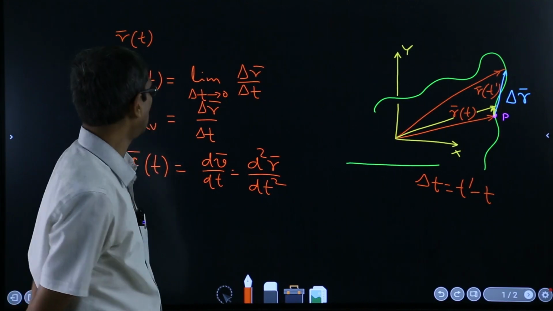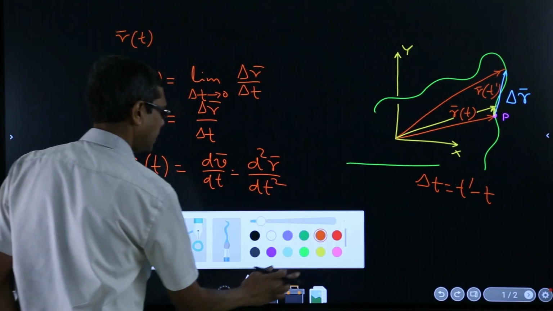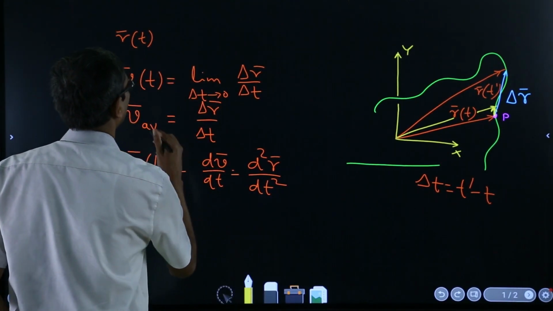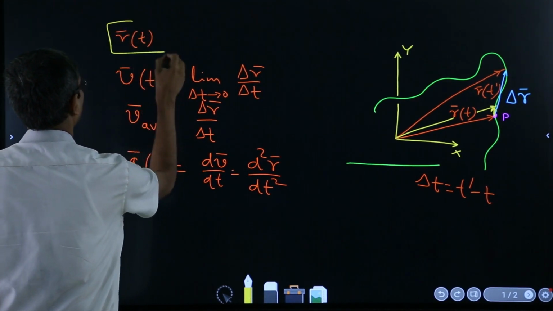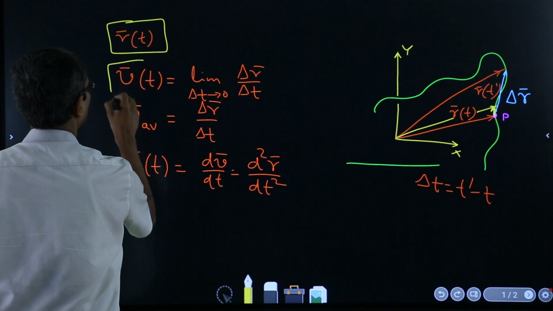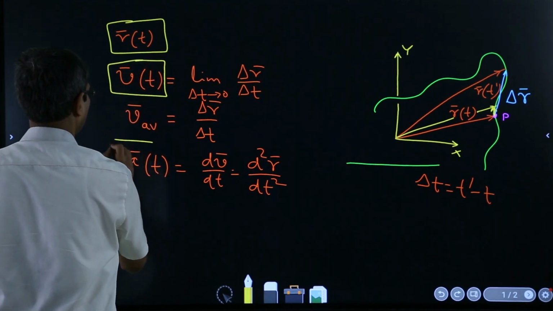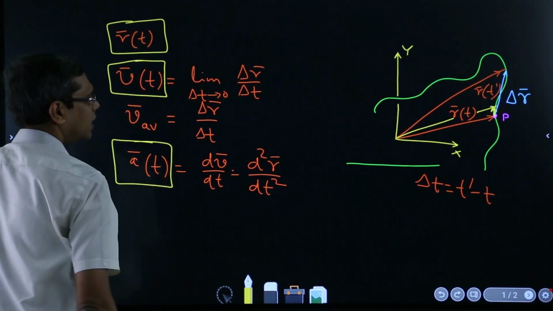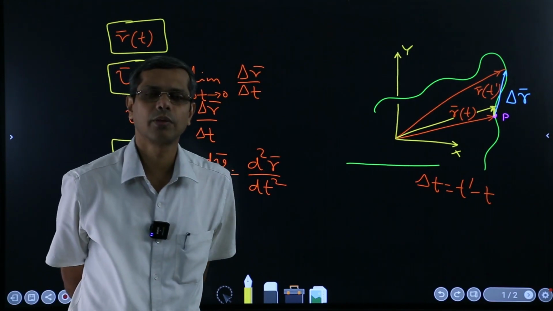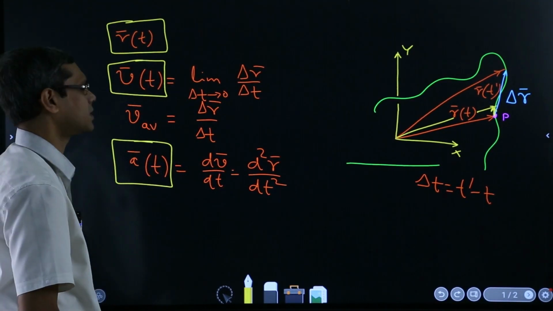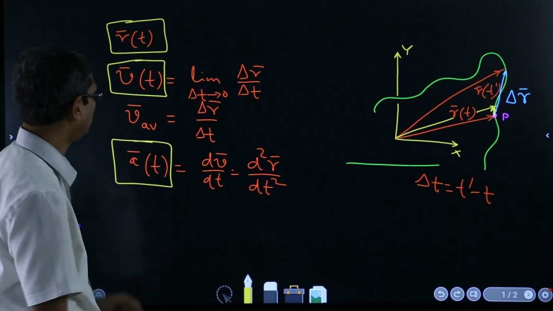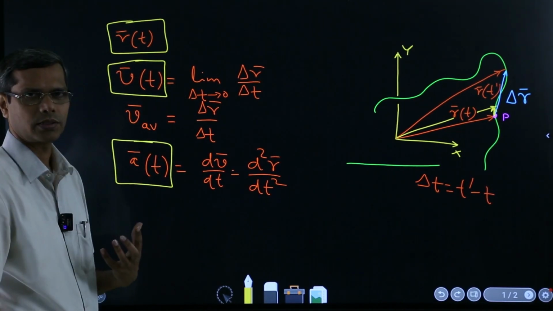So these three things primarily, r(t), v(t), and a(t), are our focus points. In the whole kinematics portion, these are our concern.